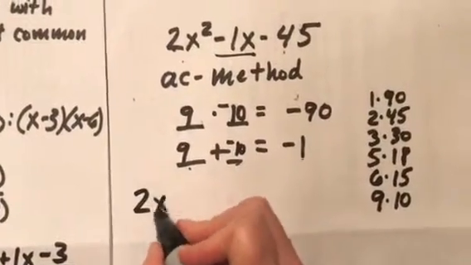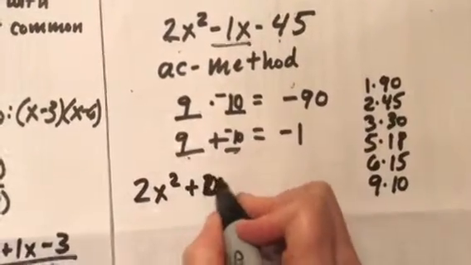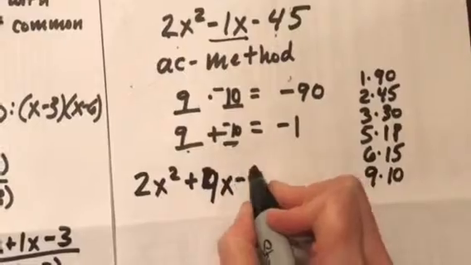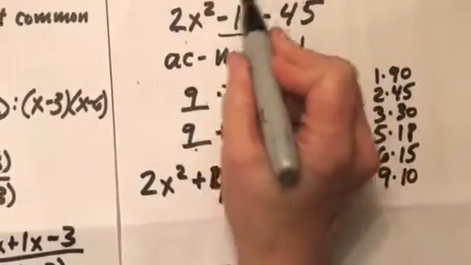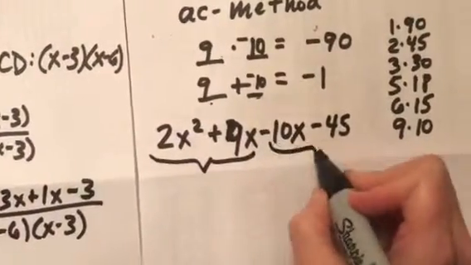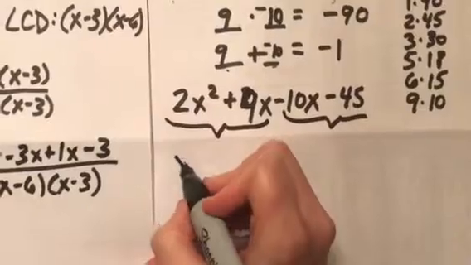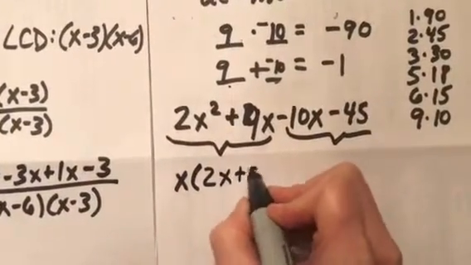So this now becomes 4 terms. 2x squared plus 9x minus 10x minus the 45. So I've just rewritten the negative 1x as these two. Now I'm grouping the first two and the last two. Taking the x out of the first two would give me 2x plus 9.